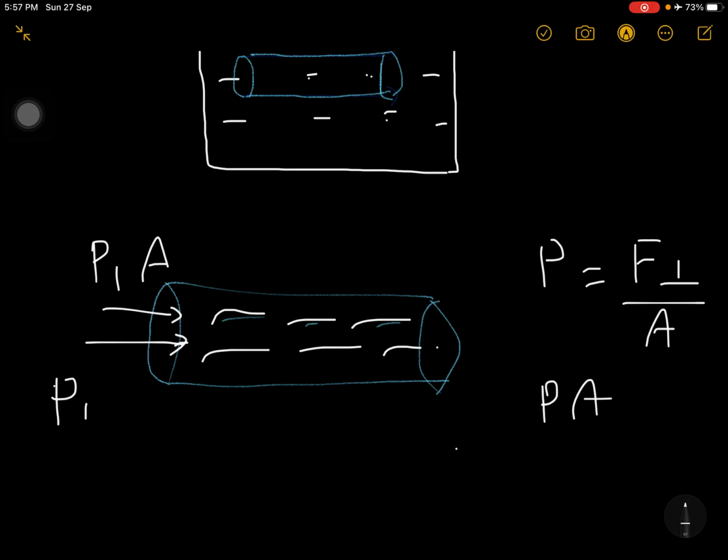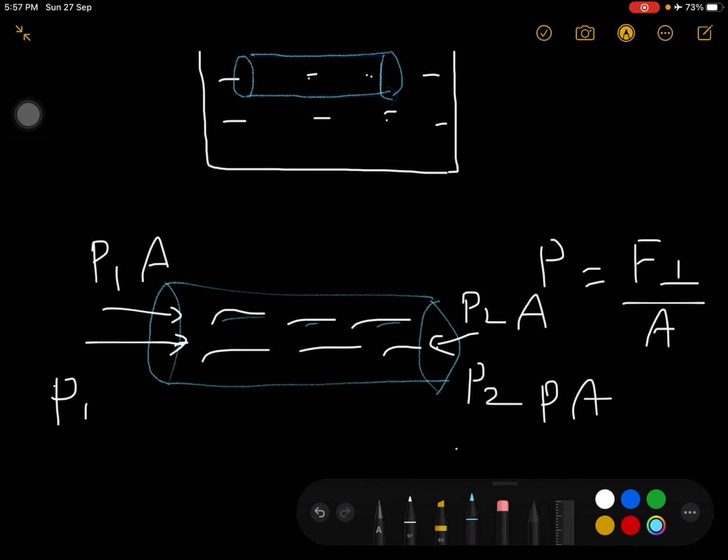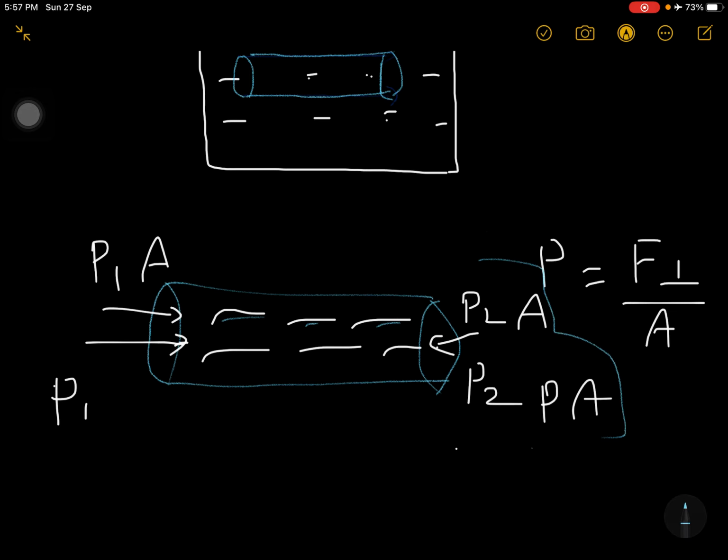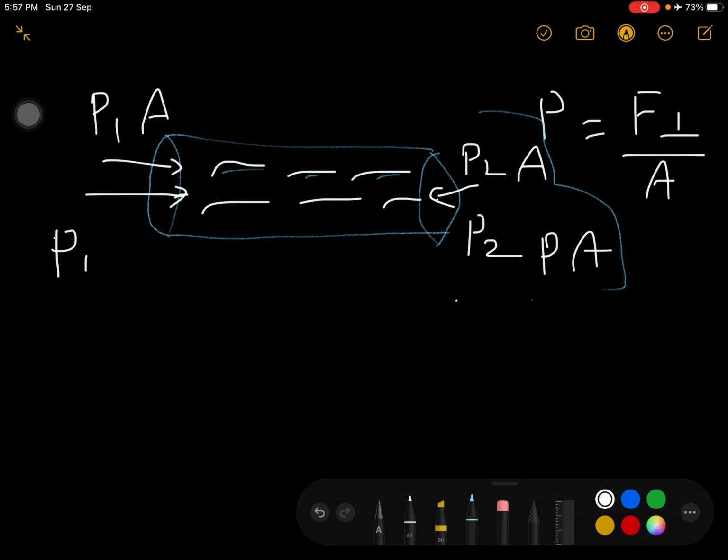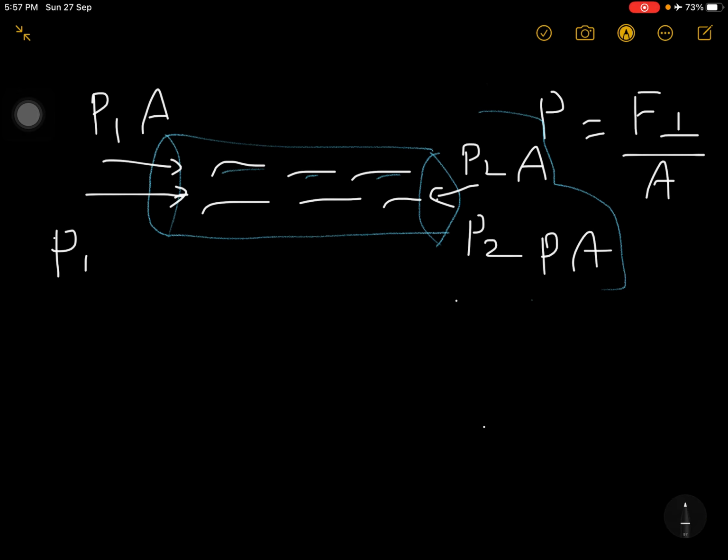Here let us assume the pressure is P2, and the force applied is P2A. These two forces are equal, so P1A is equal to P2A.